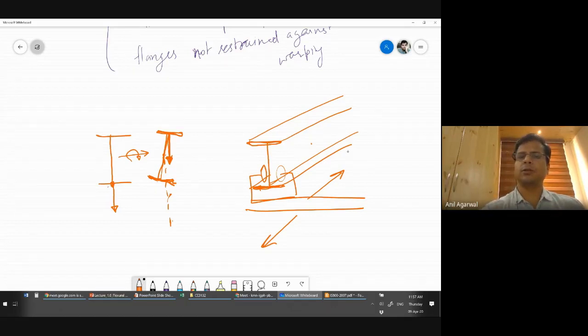An alternate arrangement could be you have one wheel here, one wheel here, and then you have some kind of a beam connecting to them, and the load is applied near the top flange. Or alternatively, you may have an arrangement where you have four wheels, and the four wheels are connected together, and you have a big beam connected to these four wheels.